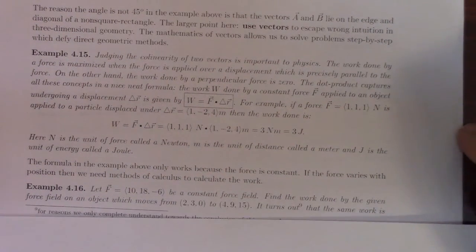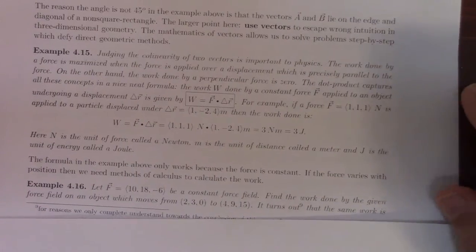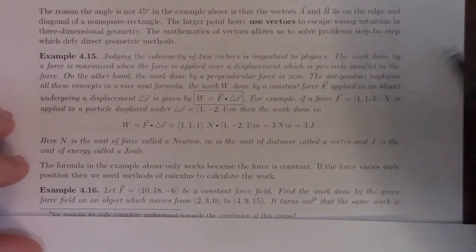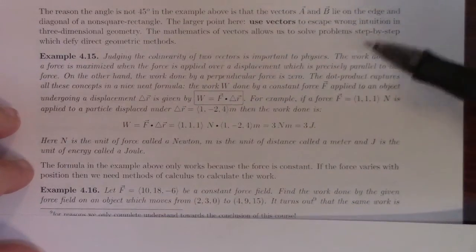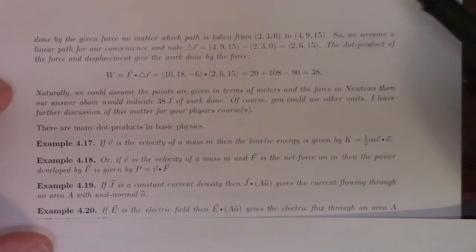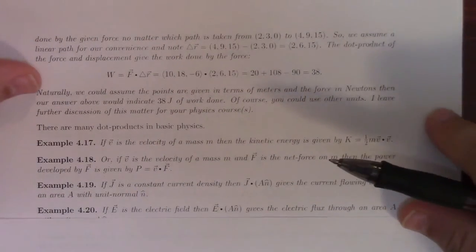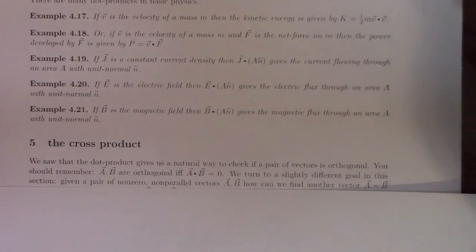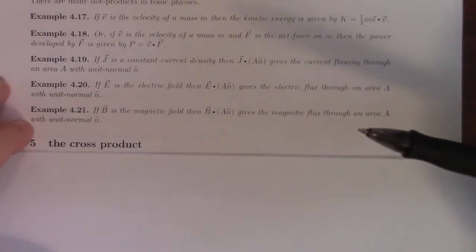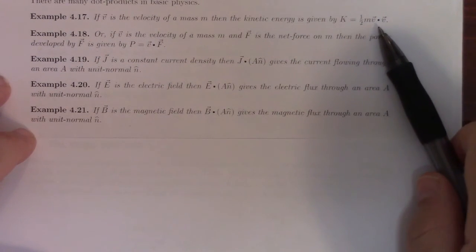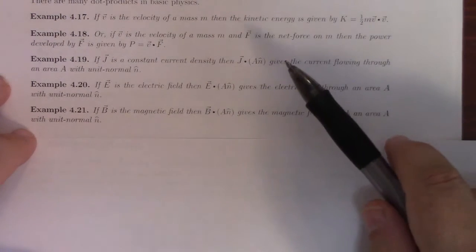Then here I list a few examples from physics, like force dot displacement gives us work done by a constant force. There's another work example here. Then I have some other examples where the dot product is used in a physics formula, like kinetic energy is 1/2 mv squared, which is 1/2 m v dot v.